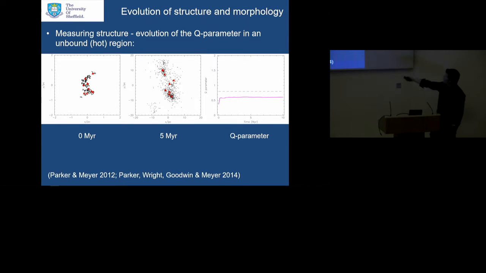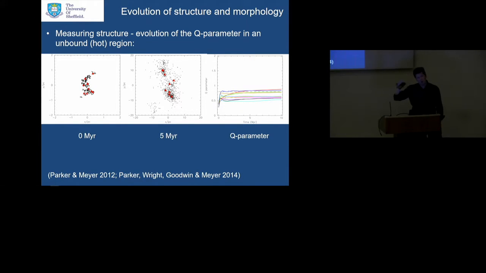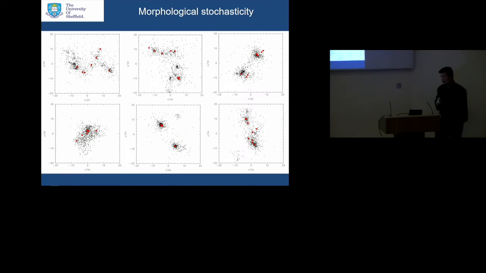If we look at it with the Q parameter, we start off with substructure, and then we retain it for the duration of the simulation. And again, if I look at an ensemble of simulations with the same initial conditions, we get very similar behavior. But you'll notice that there's a few simulations here that are kind of on the border. And we're worried about them, so we want to try and take this analysis further.